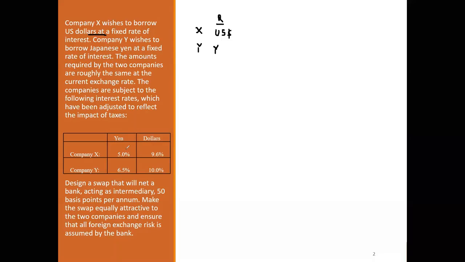We are not converting a fixed rate loan to a floating rate loan or a floating rate to a fixed. So this type of swap we refer to as a fixed for fixed currency swap.